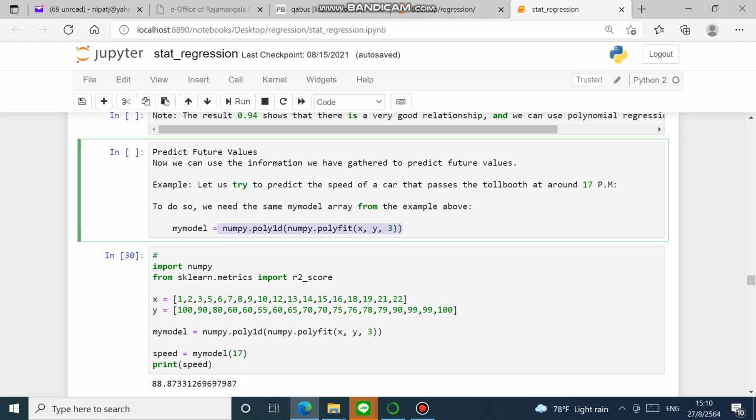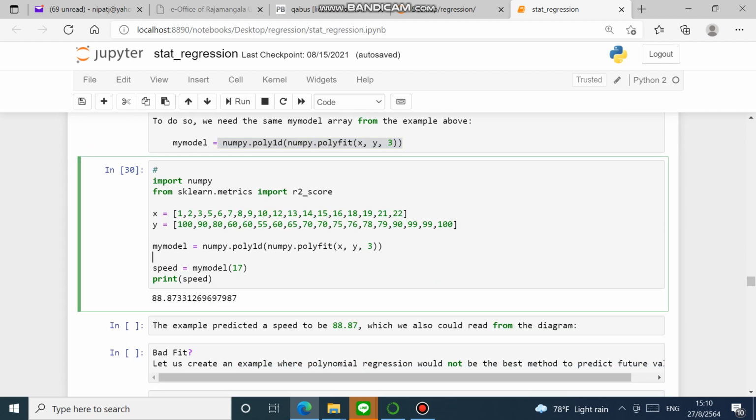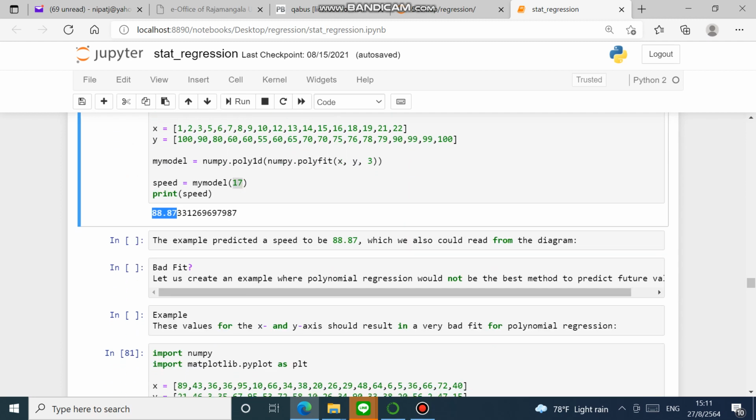You import numpy, do the same thing, my model with polyfit. You call the model again, and x is 17. When you print the speed, the predicted y value of this polynomial regression is 88.87.